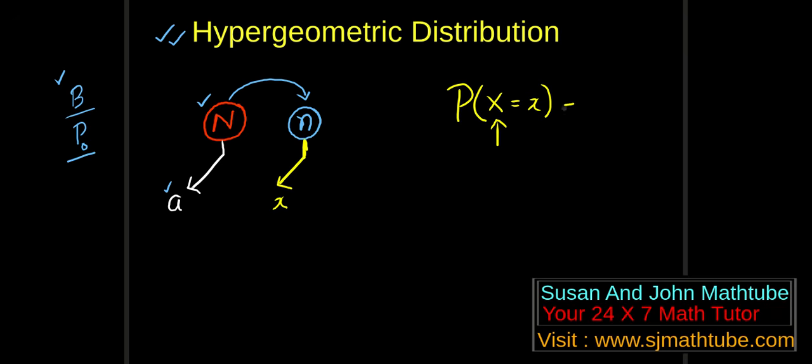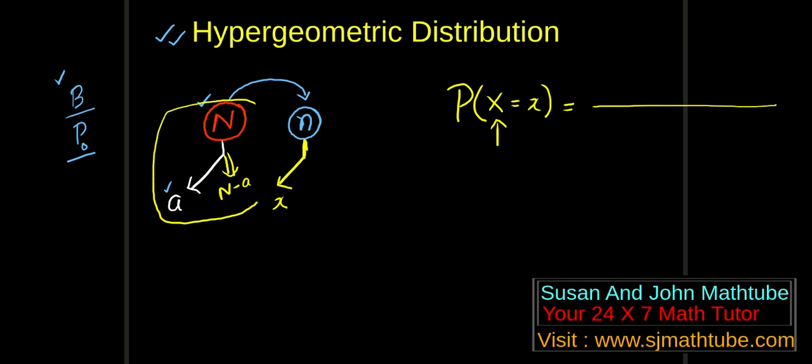Okay, the formula is a little bit hard to learn by heart. So the best method is to learn the derivation. That will be the easiest way to remember the formula. So once more, we have capital N number of items and A are special. And that of course implies N minus A are not that special.